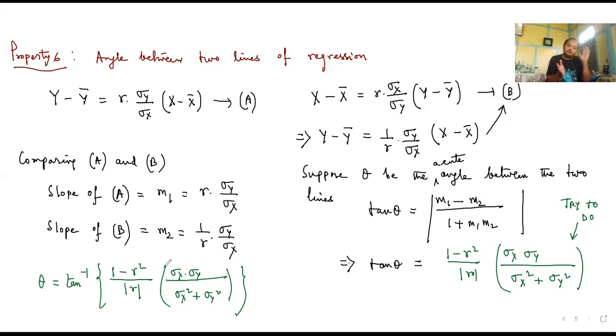So the movement of one variable is like that, and the movement of the other variable will be perpendicular to that. So they are independent of one another. And if correlation between them is 1, then we get theta to be tan inverse 0. In that case, for perfect correlation, the movement of the two variables will be in the same direction, either increasing or decreasing.